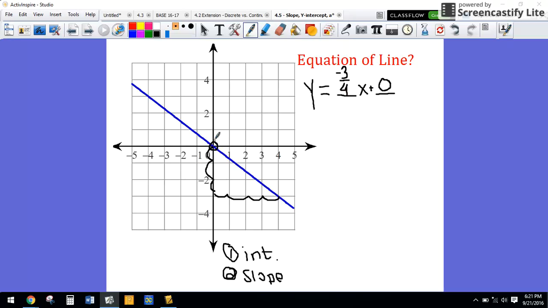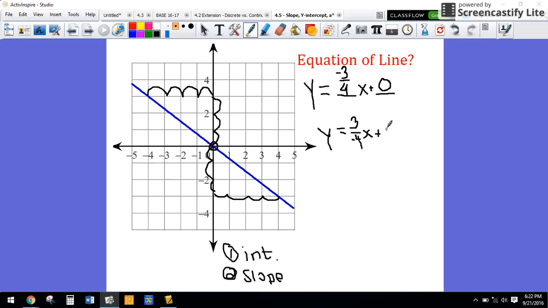Let's double check that by going the opposite direction. So here I'm going to count up 1, 2, 3. In that situation, it would be a +3 because I'm going up, but I'm counting back 1, 2, 3, 4. So you could have written the equation as y equals +3 over -4 x plus 0.